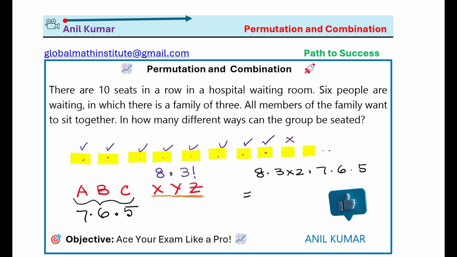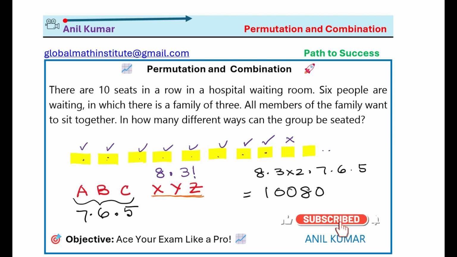What do we get? We get 10080. So these are 10,080 choices for all of them to be seated in this waiting area.